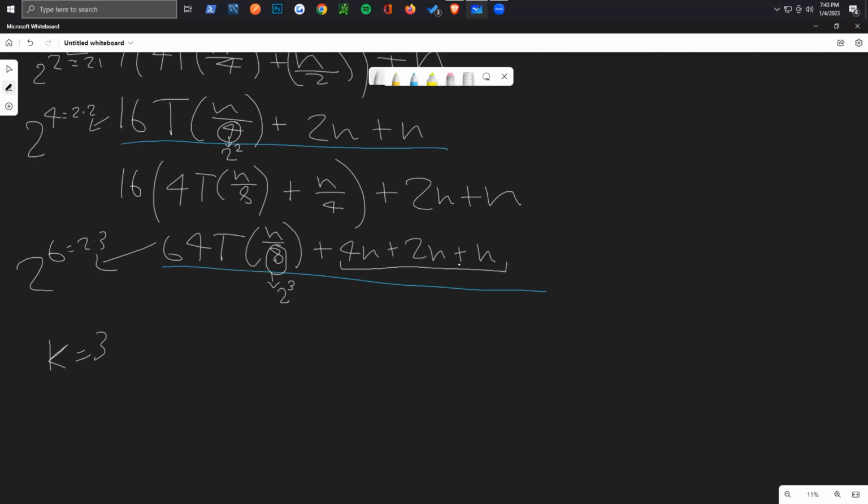Notice here how, in the call that we're in right now, we ended up getting a 4, which is 2 to the 2, and then we multiply that times n, right? Then we have plus 2 to the 1 times n, and plus, how can we get an n on its own? It's just 2 to the 0 times n.